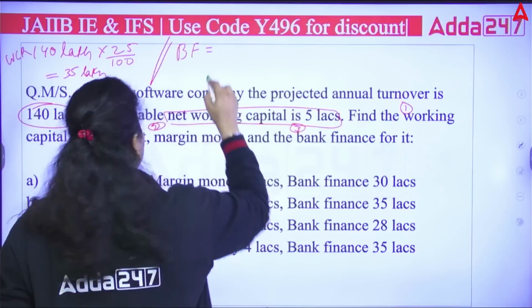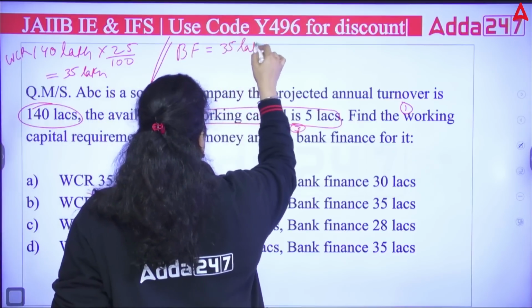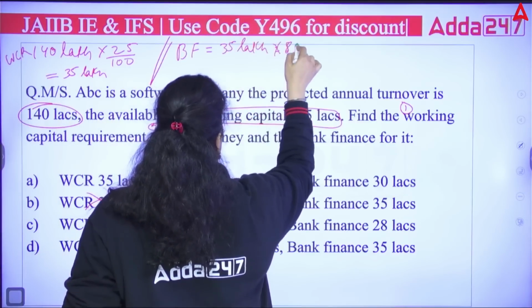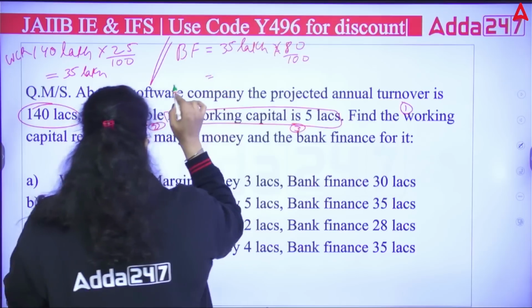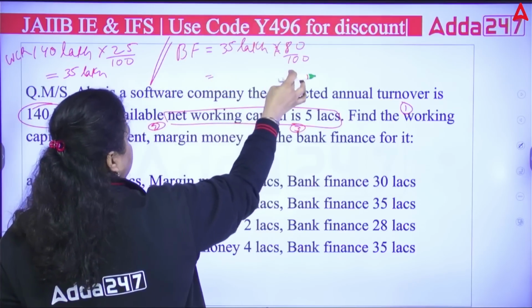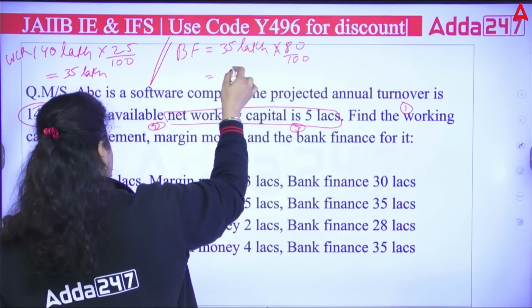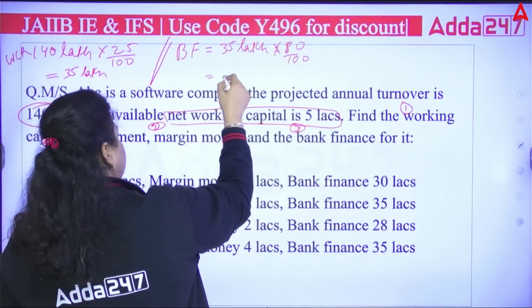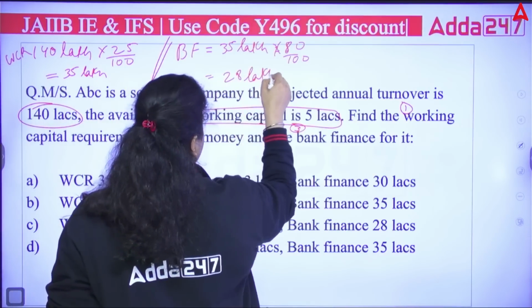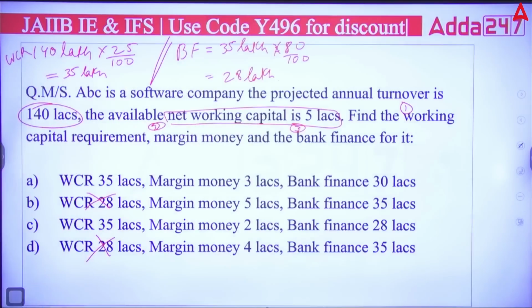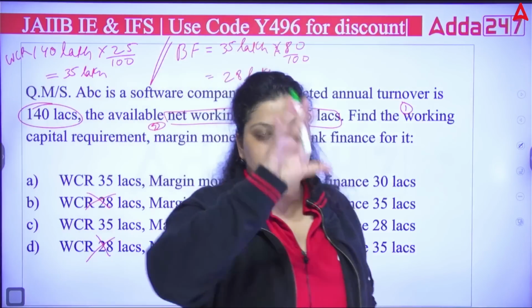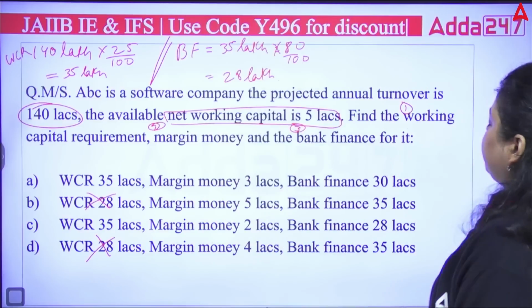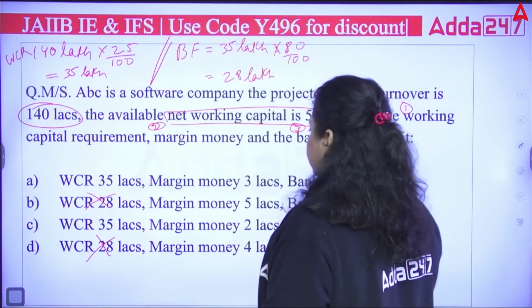So the working capital is 35 lakh, and when we calculate 80% of 35 lakhs, we get 28 lakhs. Clear? So the bank finance will be 28 lakhs because we calculate the bank's finance out of your working capital requirement. So the right answer will be C.